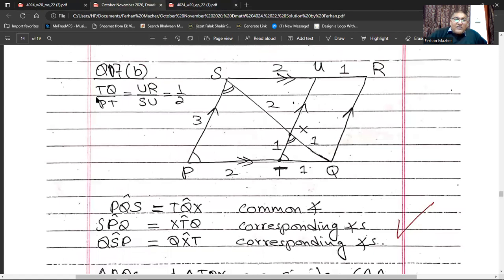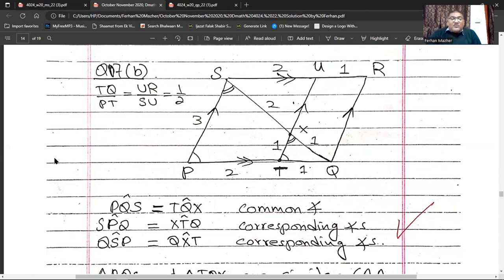So both these triangles will be similar to each other because of the angle-angle similarity test, or you can say they are equiangular. So here you can see angle PQS is equal to TQX. The reason is this is the common angle. SPQ is equal to XTQ. The reason is they are corresponding angles. QSP is equal to QXT.